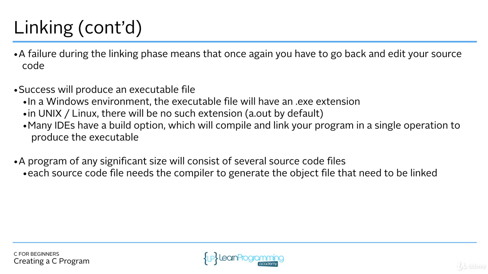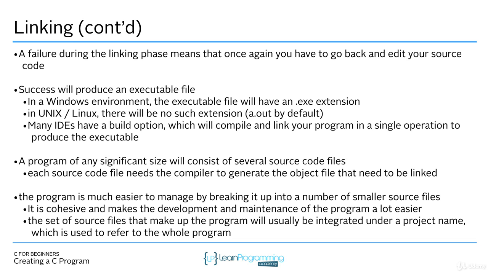A program of any significant size will consist of several source code files. I mentioned this earlier. Each source code file needs the compiler to generate the object file that needs to be linked. The program is much easier to manage by breaking it up into a number of smaller source files. You don't want a source file that contains 5,000 lines of code. That's not cohesive and not easy to manage.